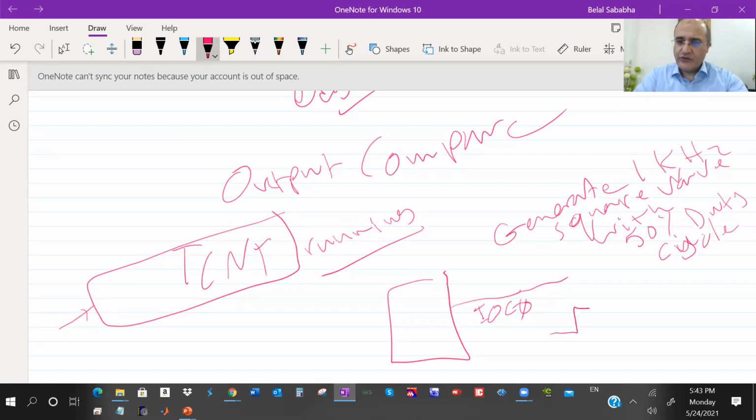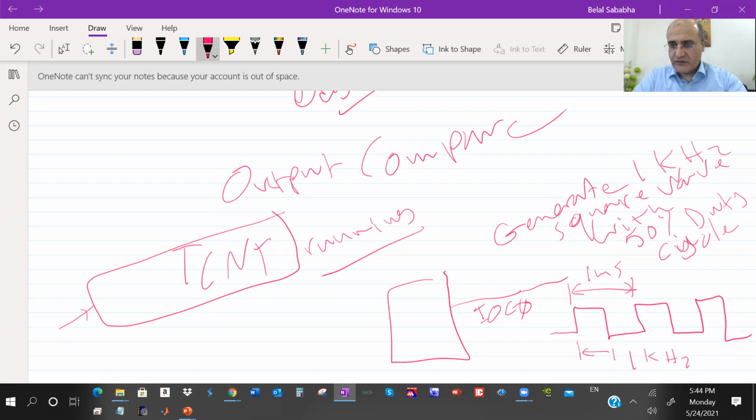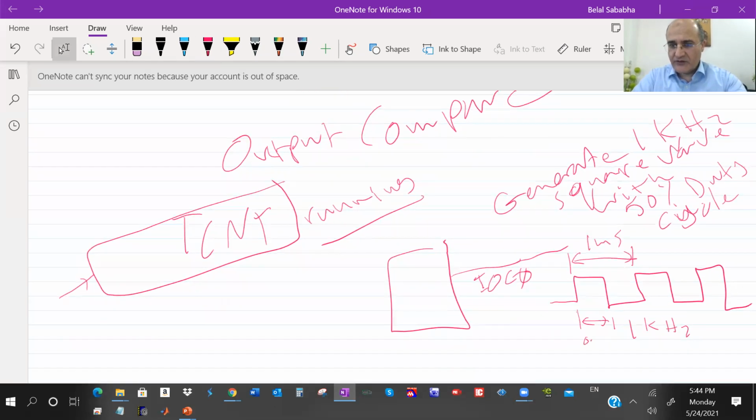So you're asked to generate a square waveform forever, where the period is 1 millisecond, since it is 1 kilohertz, and each half is 0.5 millisecond.